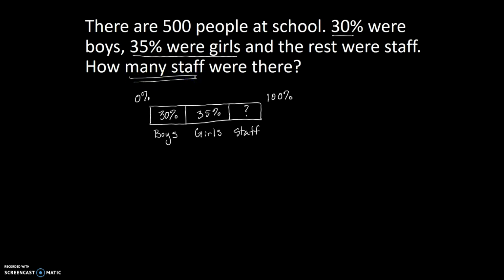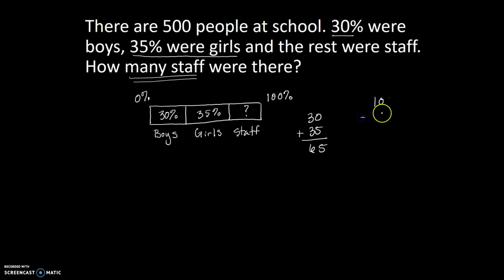Now, this question is not asking me for a percentage. This question is asking me for a number. So that's what I'm going to figure out. But first, I need to figure out what percentage the staff was. So let's do this. Let's add 30 and 35. We're going to get 65. Okay, then I'm going to subtract that from my whole.